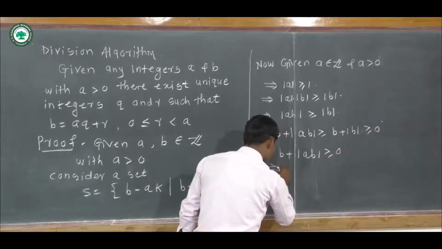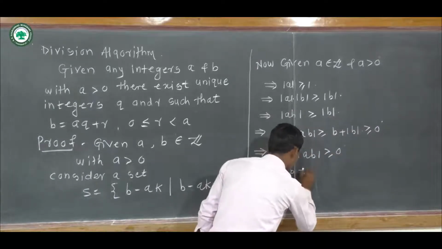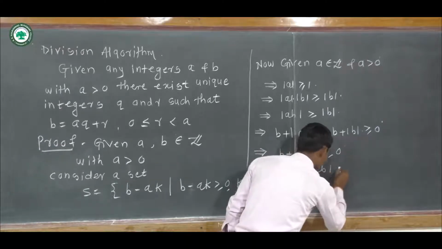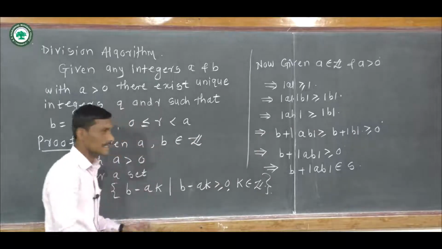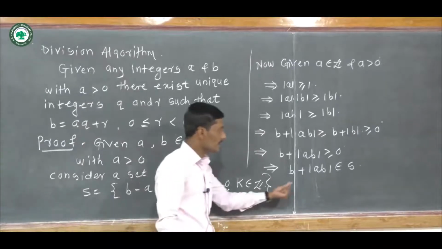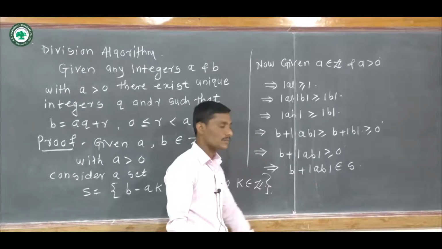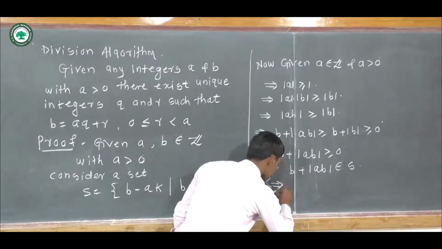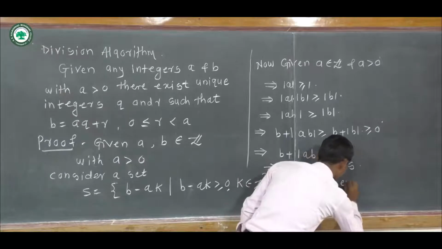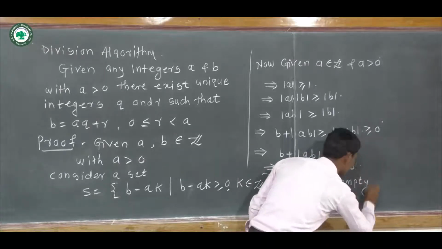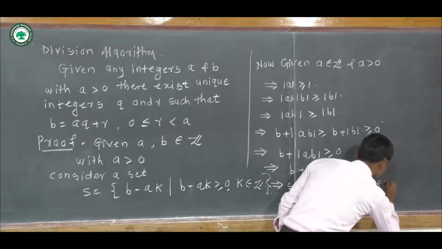So this implies b plus the absolute value of a times b belongs to S. That is, the set S contains the element b plus the absolute value of a times b, which implies S is a non-empty set.